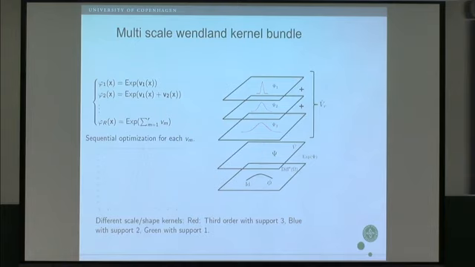So we can do it in a multi-scale framework, having small scale and large scale kernels, and having a simple metric still that is just adding up the metric on the various scales, making things work nicely.